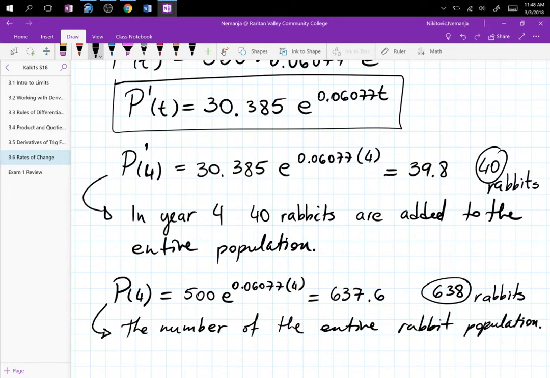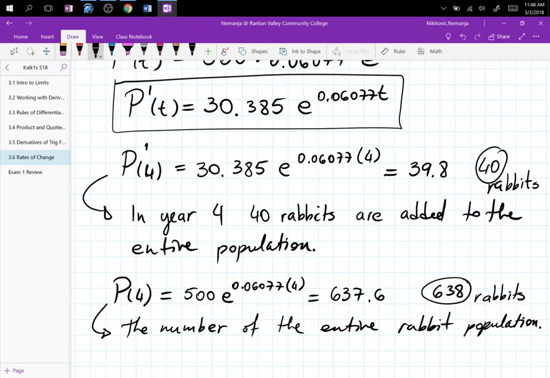So the derivative will calculate only the number of new rabbits added. These are the little rabbits hopping around, all right? 40.